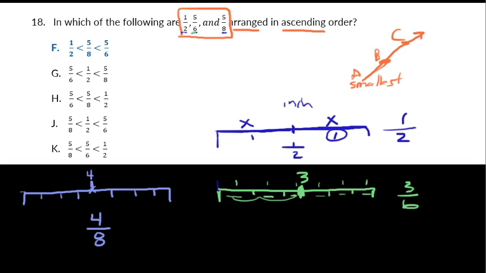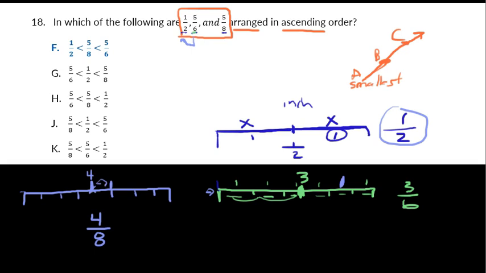This first fraction, 1/2, we can see really easy. 5/6, if we look at this right here, we know that 5/6 would be all the way out here. 3/6 is a half. So we know that 5/6 is larger than 1/2. And 5/8, if 4/8 is at the middle point, here's the 5th one.